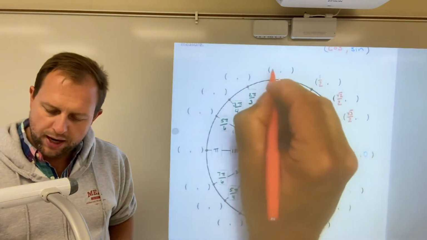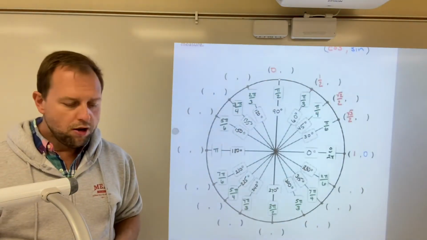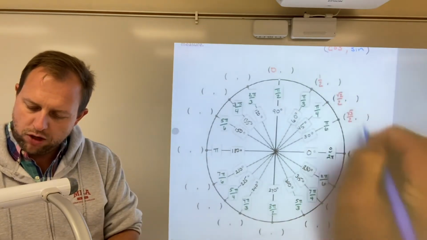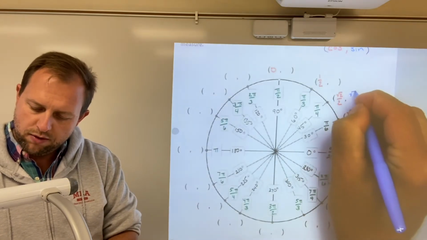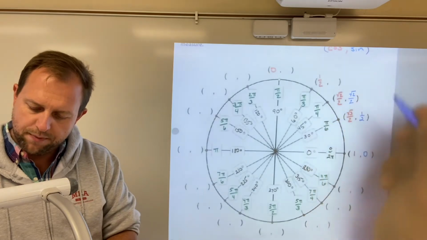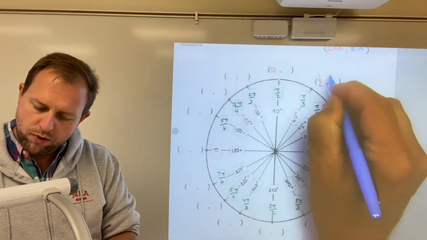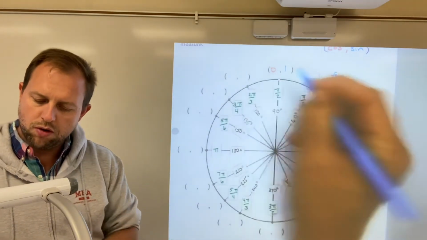And at 2 pi, it becomes 0. For the sine values, they go the opposite. So they go from 0 to 1/2. It's going to be the same value as the cosine for 45, root 2 over 2, because the sides are the same. For the 60, it's the root 3 over 2 now, as we work our way up to 1.